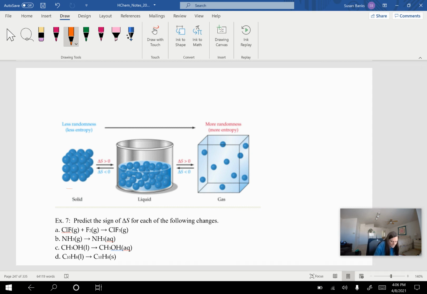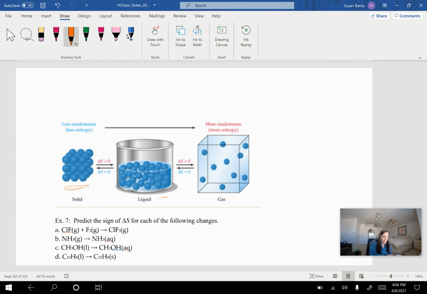Look at how nice and ordered the solid is. These molecules are nice in lines. They're in a crystal orderly structure. The liquid, they're nice and close together. They're moving slowly. Well, they're moving in the solid too, but they're vibrating around a fixed point. The liquid, they can move across each other, but they're still close to each other.